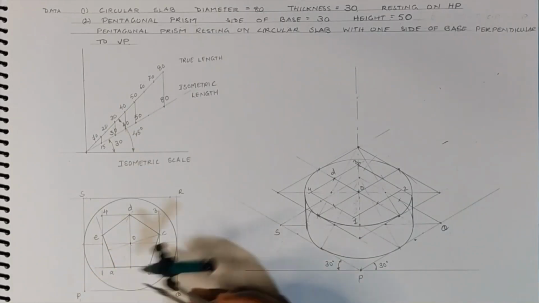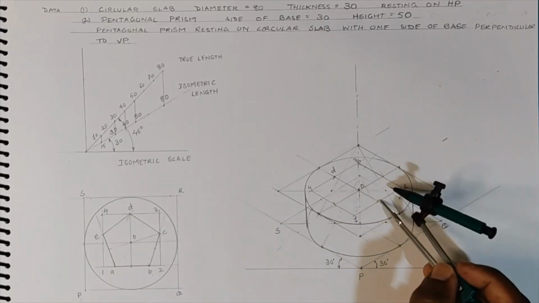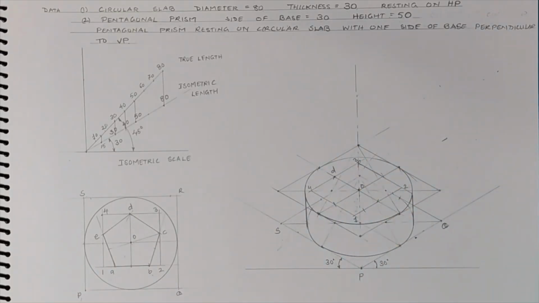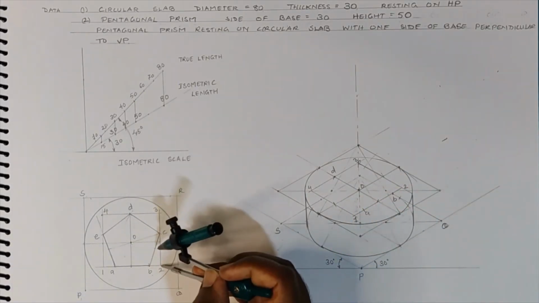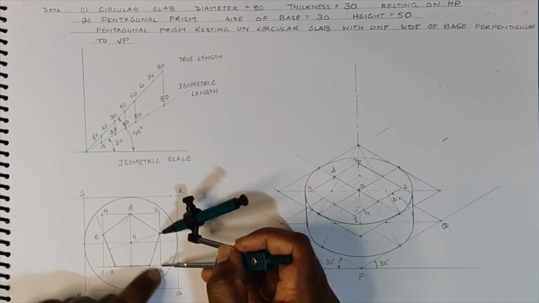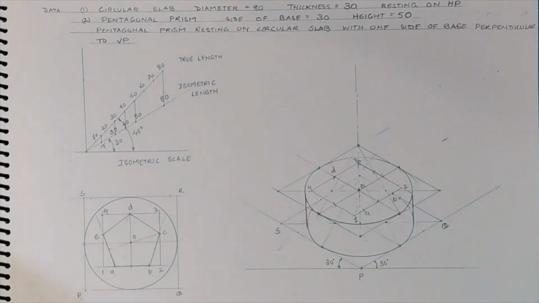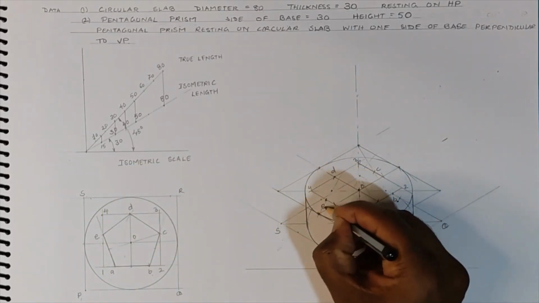Now I will be taking distances on this square, or isometric rectangle to be exact, and mark it on the isometric projection view. So I am marking the distances on the isometric projection, the reference figure being used to measure the actual distance of points.